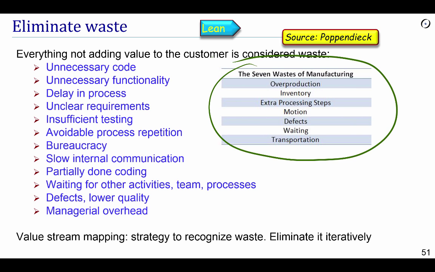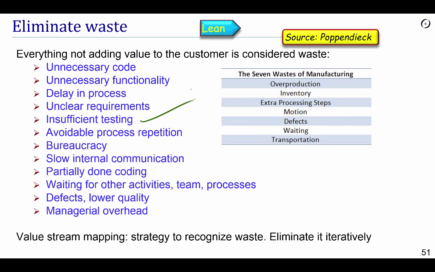Unnecessary code, unnecessary functionality, delay in processes, unclear requirements that are going to delay you and hence cause waste, insufficient testing, which is going to lead to bugs that surface far too late in the process, repetition in the software process if it could be avoided, bureaucracy that stands in the way of effective development, internal communication that is too slow, coding that is not finished.